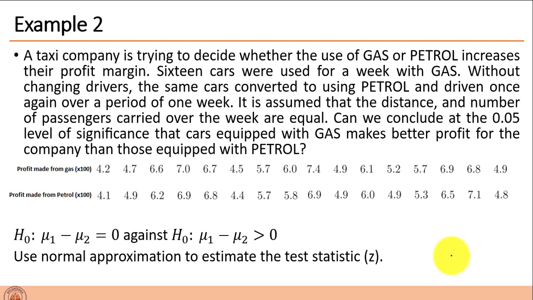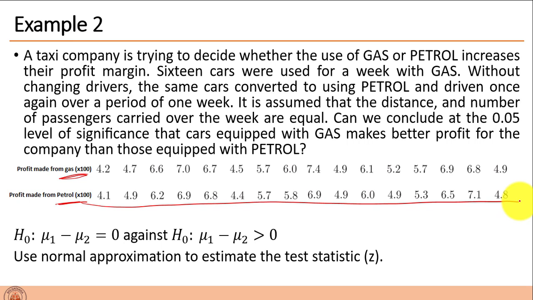So here we're going to do some subtraction to see whether or not the differences are 0, more than 0, or less than 0. We are looking at the profit of gas at the very top and petrol down here. So let's subtract the bottom from the top as the data is displayed here.